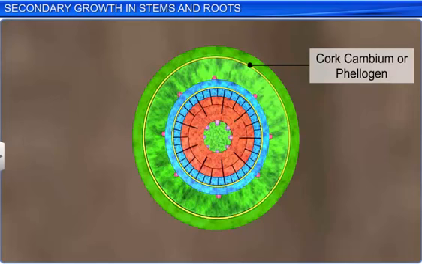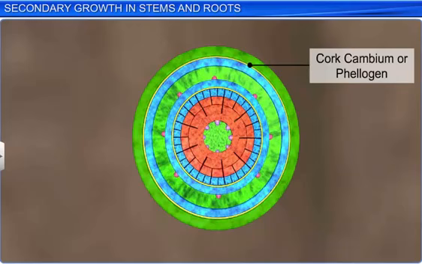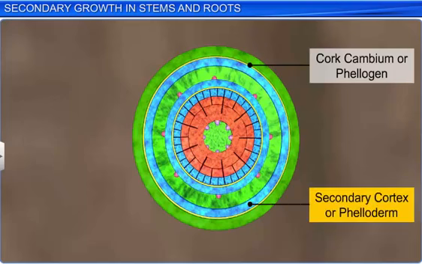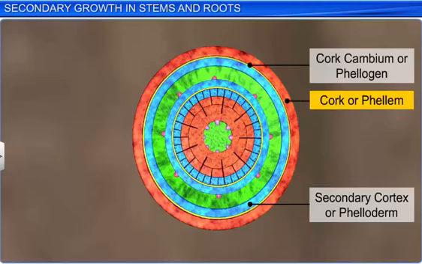In the phelogen, differentiation of cells begins on both sides. As a result, the cells of the inner surface differentiate into the secondary cortex or pheloderm, while the cells of the outer surface differentiate into cork or phellum.